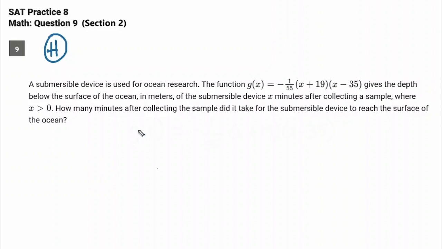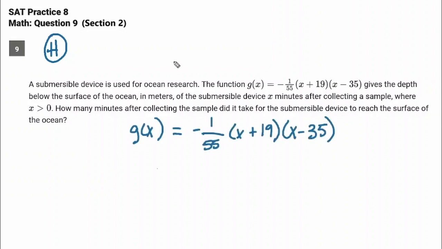You should too. The key to getting this problem right is to read the question, read the question, and understand exactly what the function is. ETS tells you right here. It's the depth below the surface of the ocean. So this function right here is what?